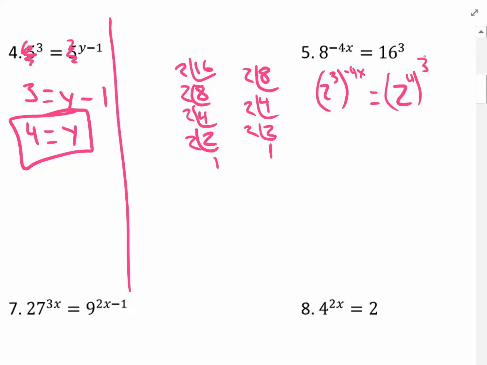Don't forget the exponent. Now that we have 2's on both sides, we can just cancel it and bring down the exponent. So we've got 3 times negative 4x is negative 12x, and 4 times 3 is 12. How do we get rid of the times negative 12? It is multiplying, so divide. That cancels it out, so we just have x equals, divide those two, negative 1.